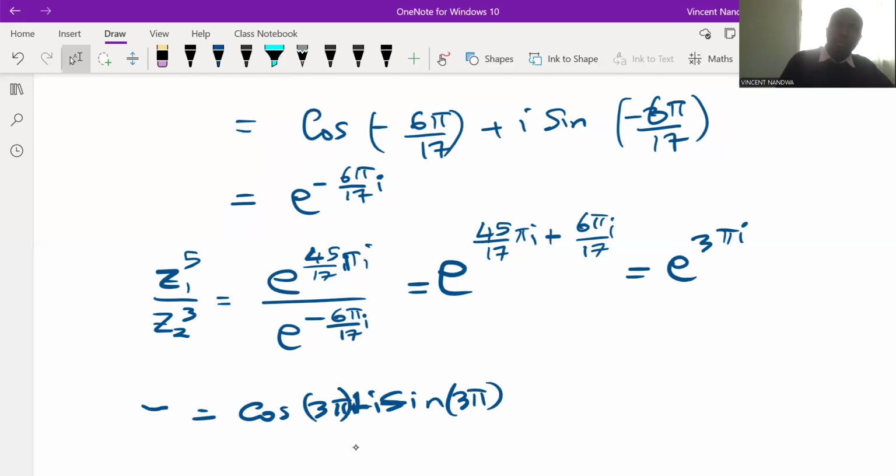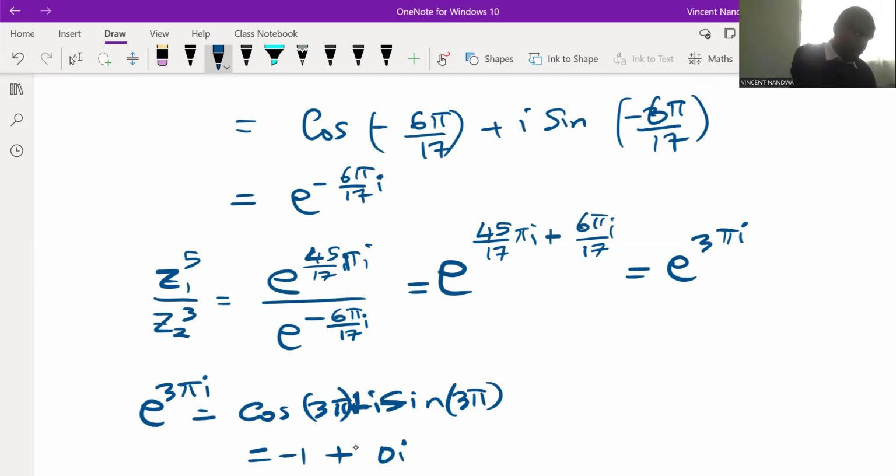So this is the same number as e raised power 3 pi I. Then using your calculator, 3 pi is 3 times 180, so 540. Cos of 540 is minus 1, plus sine of 540 is 0. So that will be our complex number.